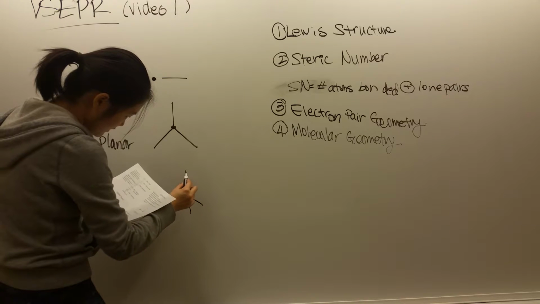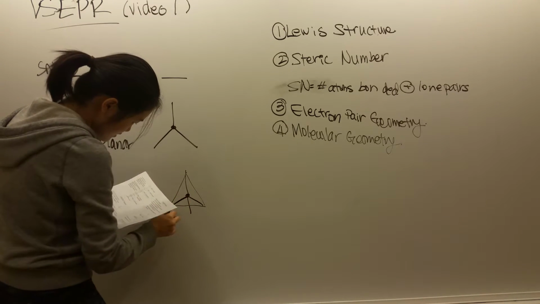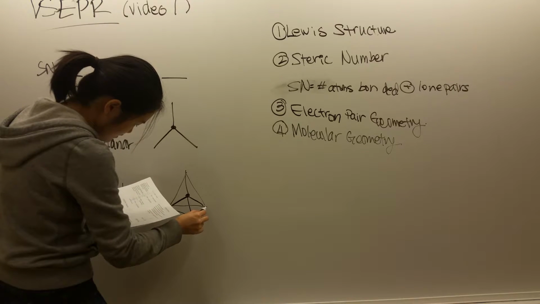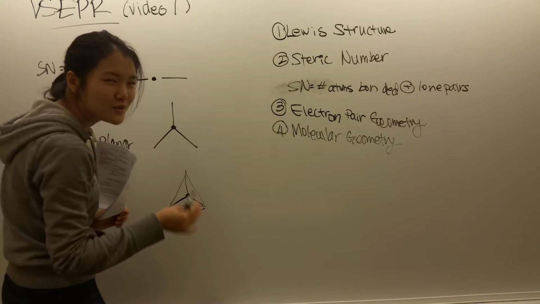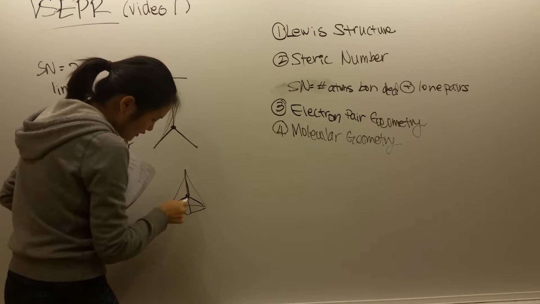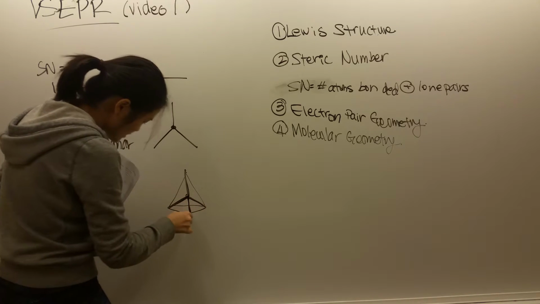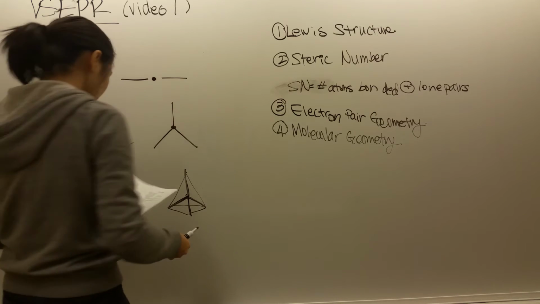It's kind of like if you put it in a box. I don't know if that helps you look at it better, but it's basically these 4 electron densities, because we have a steric number of 4, and it's kind of a tripod shape.